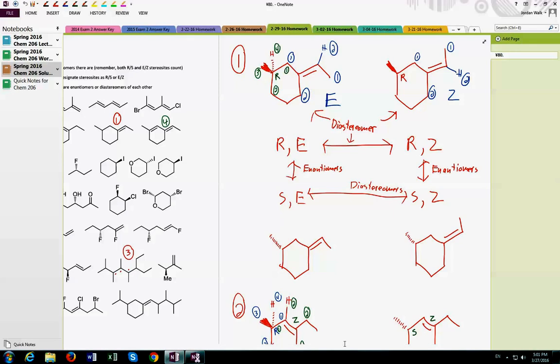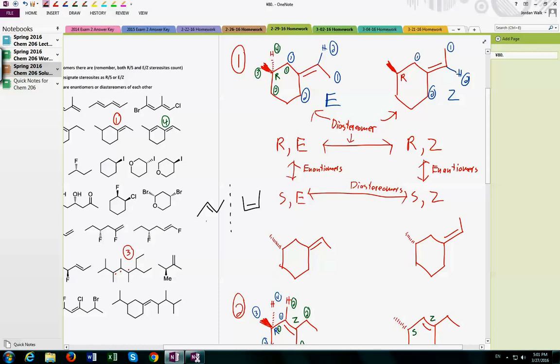That's just a product of, if you take a mirror image of an E alkene, you get an E alkene, it's the same. Because this and this are clearly not mirror images. So we've got E here, and here we've got Z, and since those are clearly not mirror images, they must be distinct.